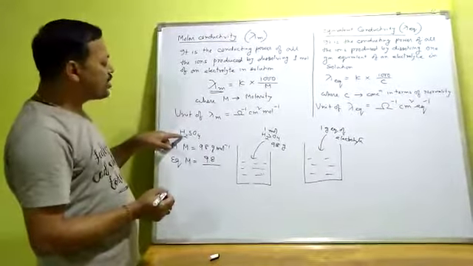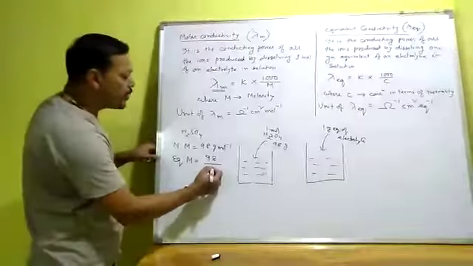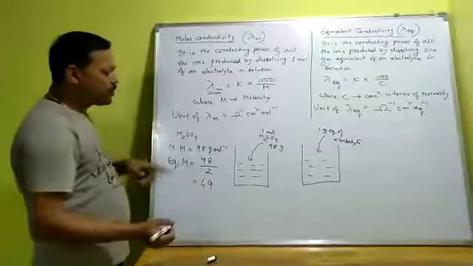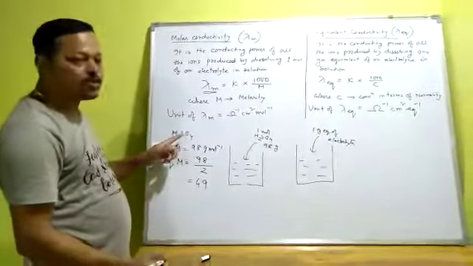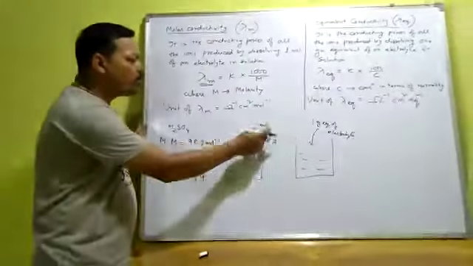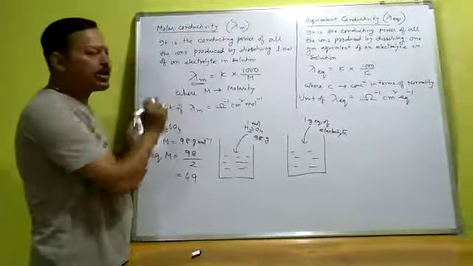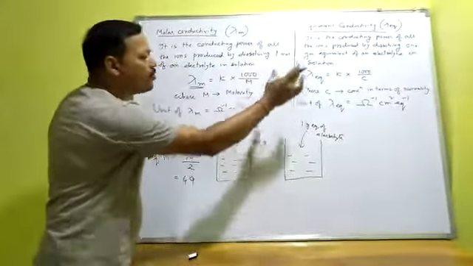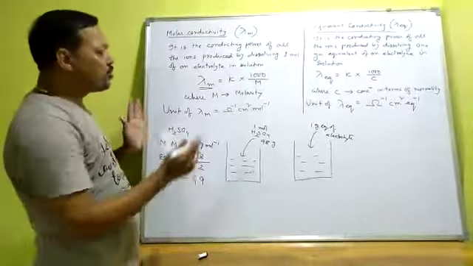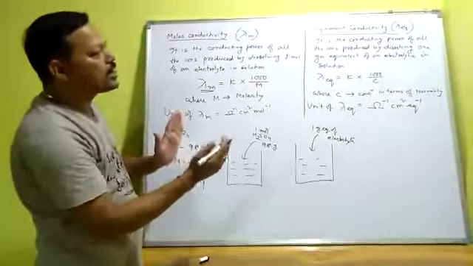Basicity means how many releasable hydrogens are present. So divide by 2, because it can release 2 hydrogen. So you will get 49. So 49 is the equivalent mass of sulfuric acid, and 98 is the molar mass. When you dissolve the molar mass, you get molar conductivity, and if you dissolve 49 gram of sulfuric acid, you get equivalent conductivity. So molar conductivity and equivalent conductivity are different.